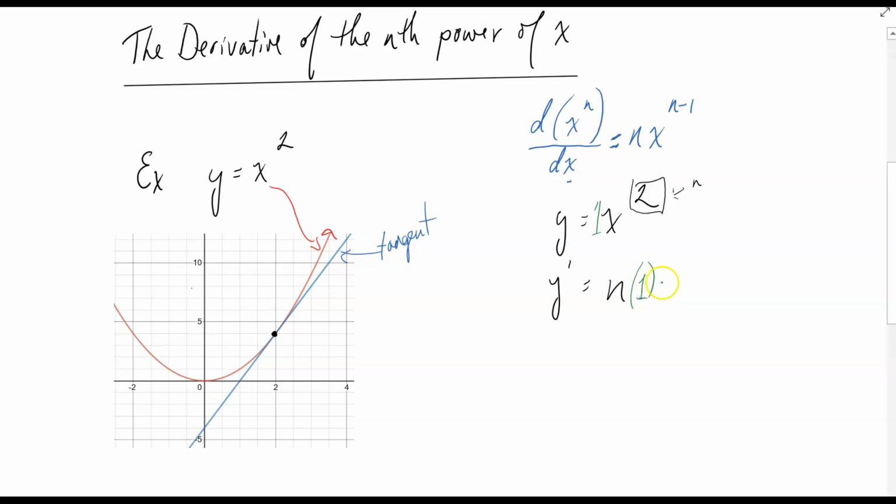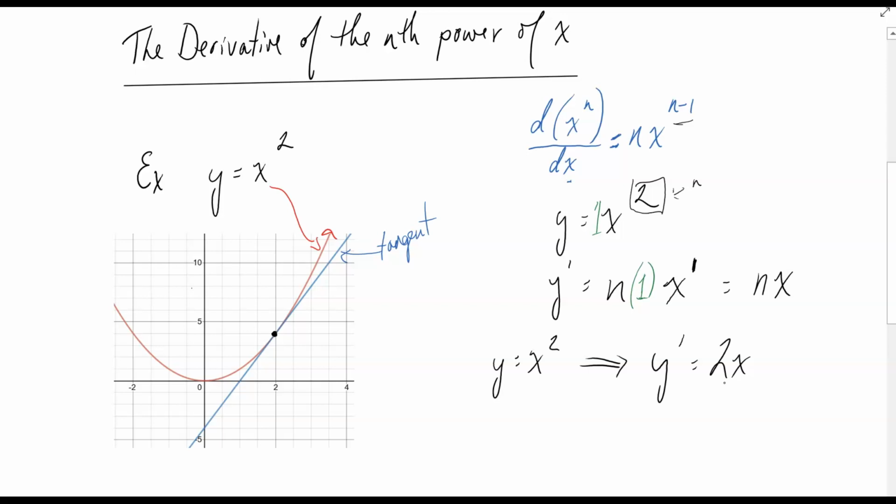And then x is no longer raised to the power 2, but it's raised to the power of n minus 1. So we reduce it, now it's raised to the 1. I'm going to write a 1 just to exaggerate that. It's a 1 and you don't want it to be missing. So to make it a little bit neater, that just becomes nx. So the derivative of our y equals x squared, its derivative, y prime, is 2x.